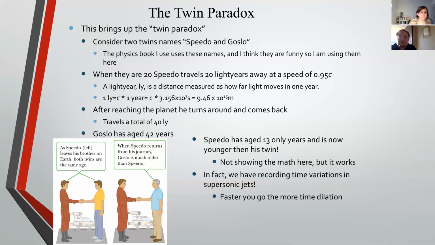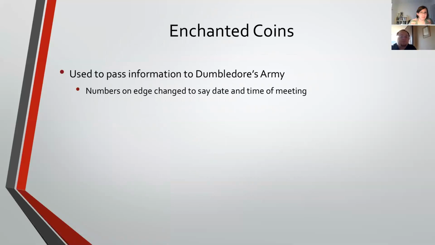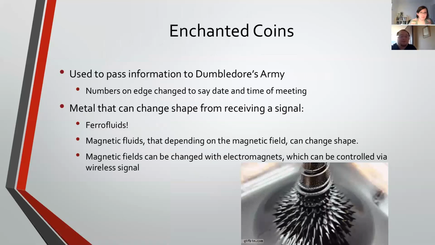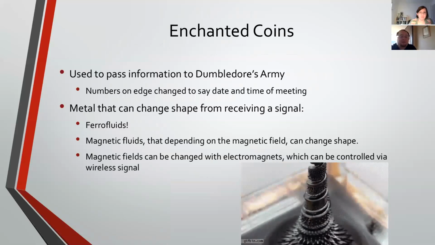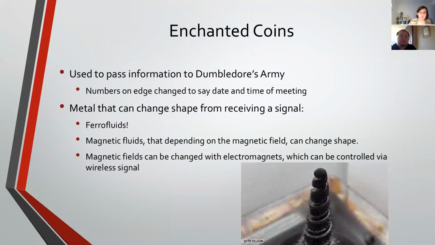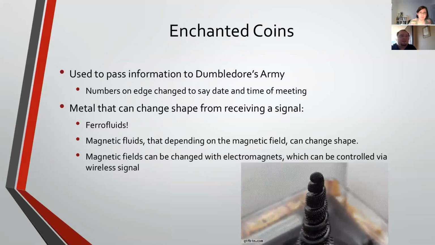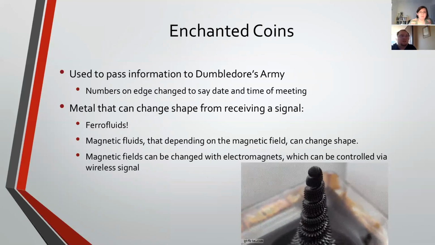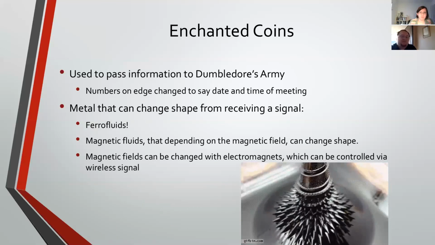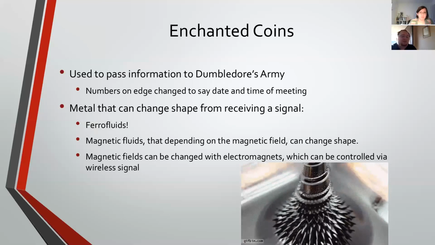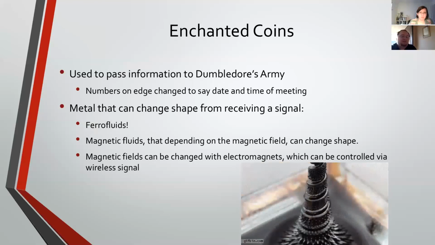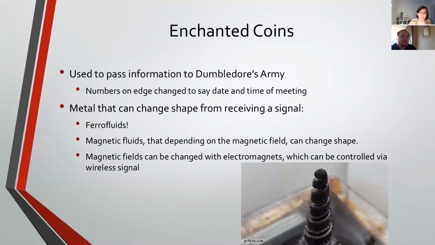The enchanted coins was ferrofluids. Ferrofluids are a thing. They're an awesome thing. They're one of the coolest things in my opinion. It's a fluid that's affected by magnetic fields. And you can make the fluid take any shape you want just by changing the magnetic field, because you can control a magnetic field with electricity. This thing here is people just playing with magnetic fields on this drill bit to make a crazy shape.